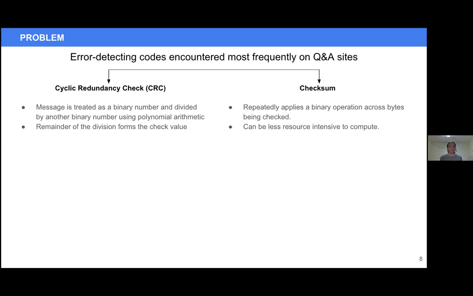So as some background, a CRC uses polynomial arithmetic, and it treats the message as a long binary number and divides that message by another fixed binary number. The remainder of this division will then form the check value. But on the other hand, a checksum will repeatedly apply a binary operation across the bytes being checked, and checksums are generally less resource intensive to compute, so they're often used in systems that have resource constraints.